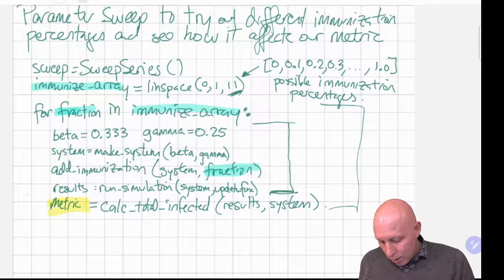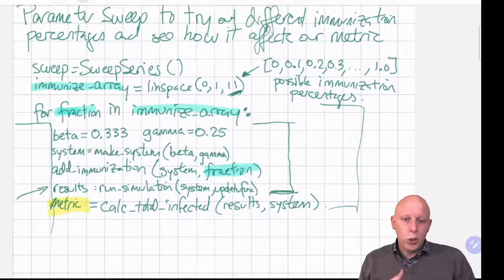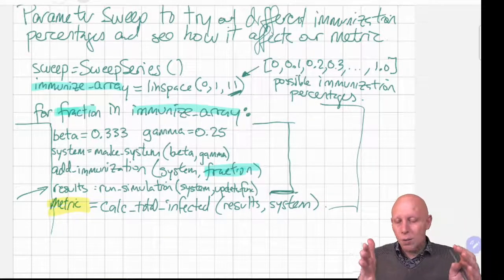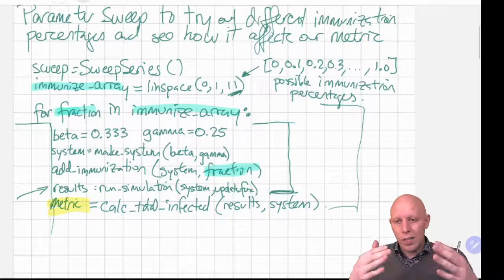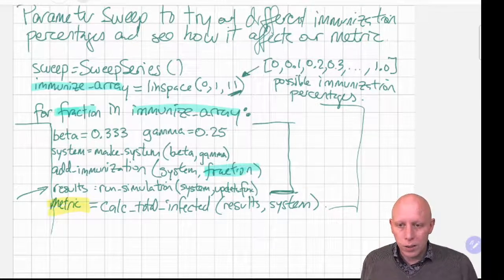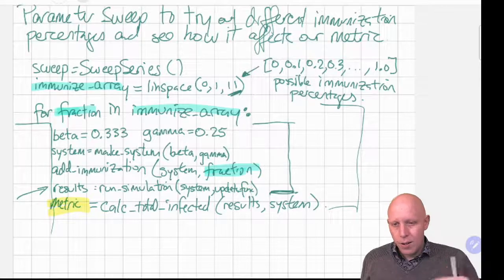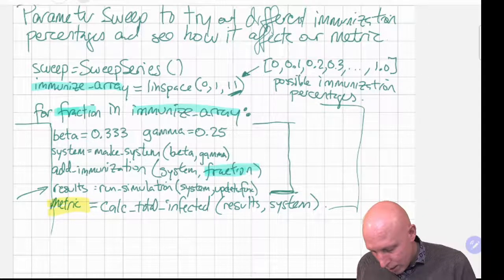Now, each time we run this for loop, we get a new time frame that keeps track of the number of people susceptible, infected, and recovered over time. And now we want to take this information and put it into our sweep series.